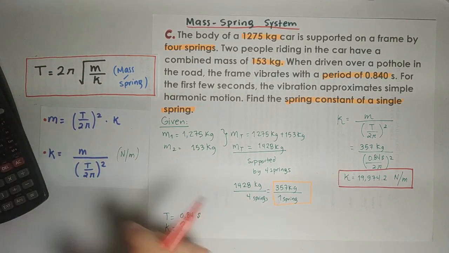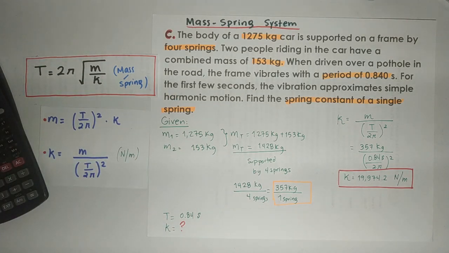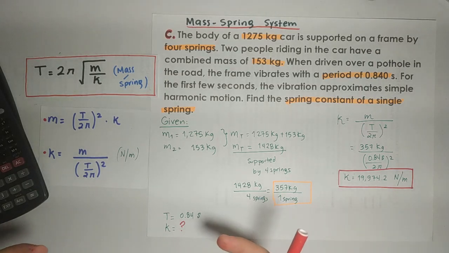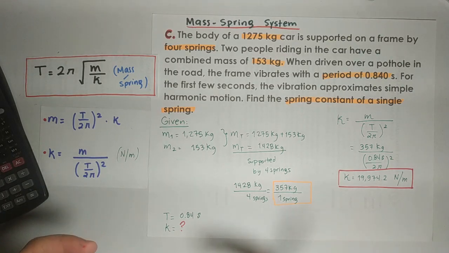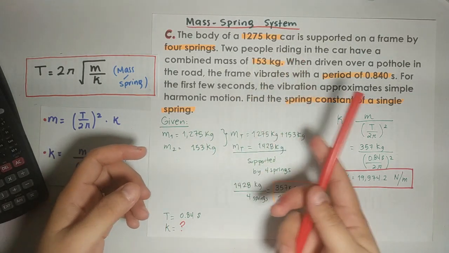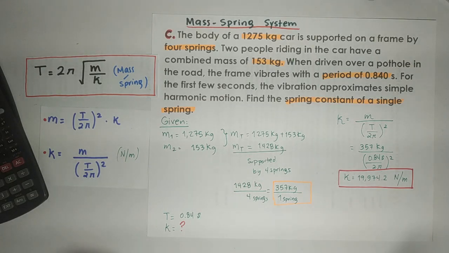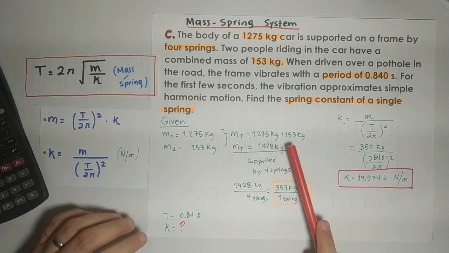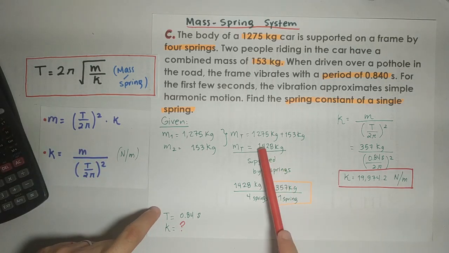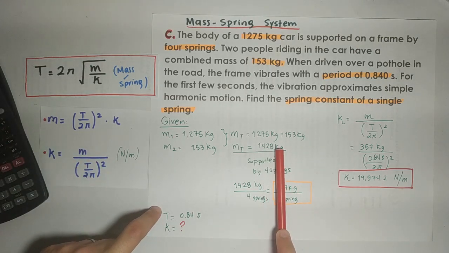Now again, let's review the exercise. I have a car. Inside that car I have two people. So the four springs are not just supporting the car's mass, but also the two people in it. So the total mass that is supported by the four springs is 1,428.